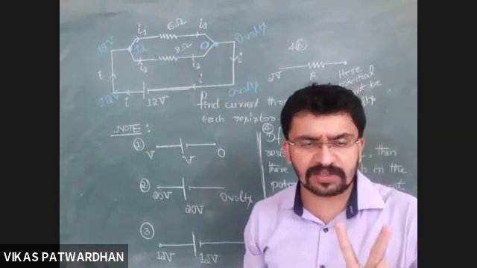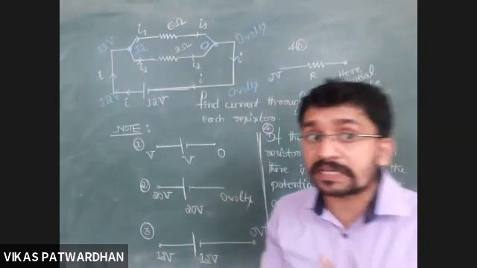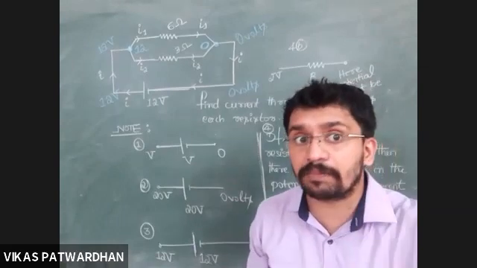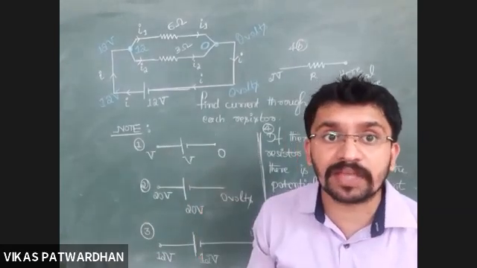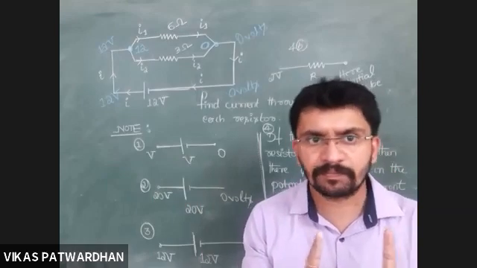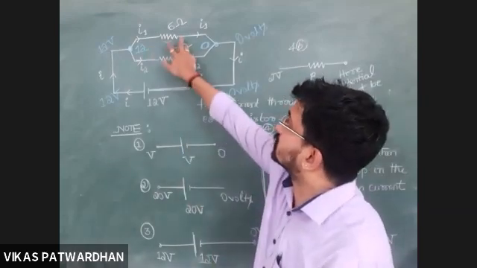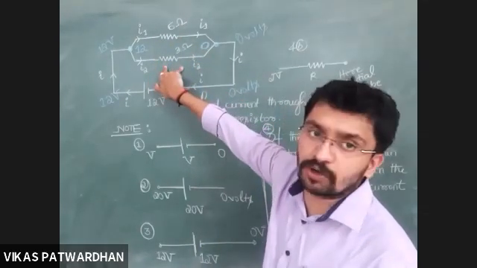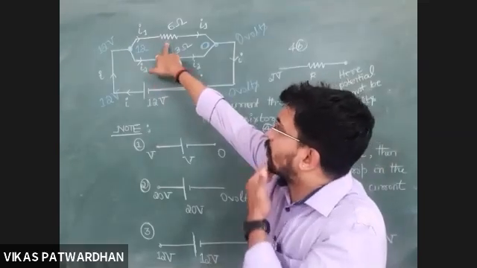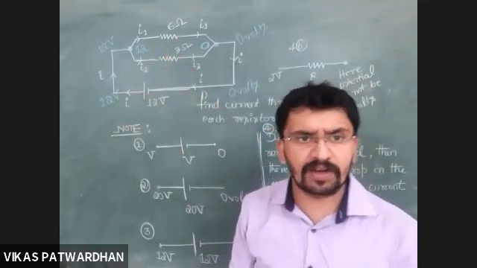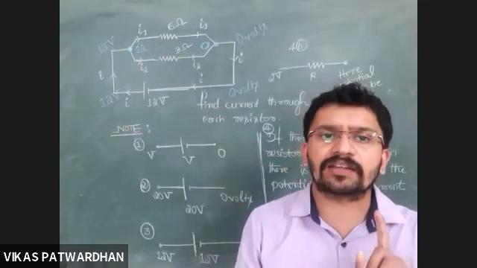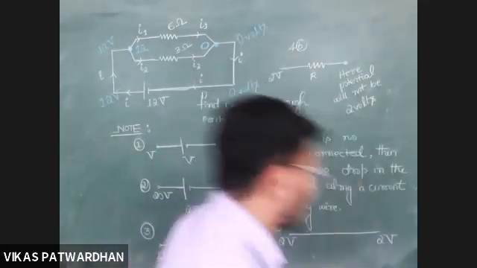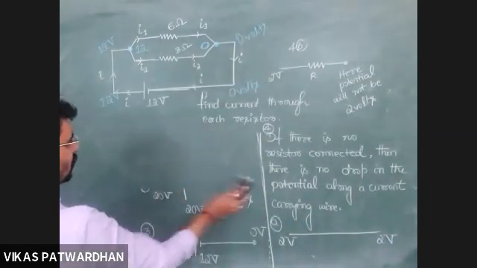If two or more resistors, or any devices, are connected in parallel, the potential drop remains the same. Here, 12 minus 0, what is the potential? 12. Here, 12 minus 0, what is the potential? 12. So here the potential drop is 12, and here the potential drop is 12. Is that correct? Understood? Yes. Then can I easily find out the current now?